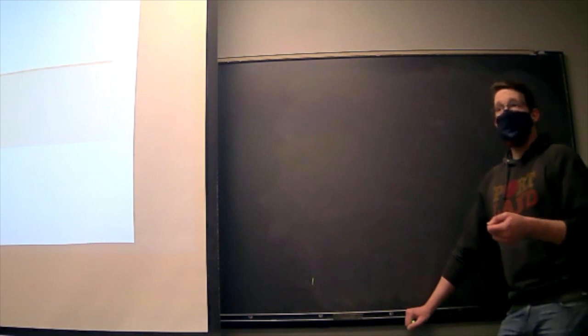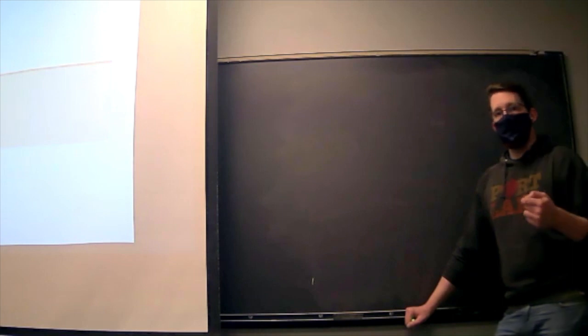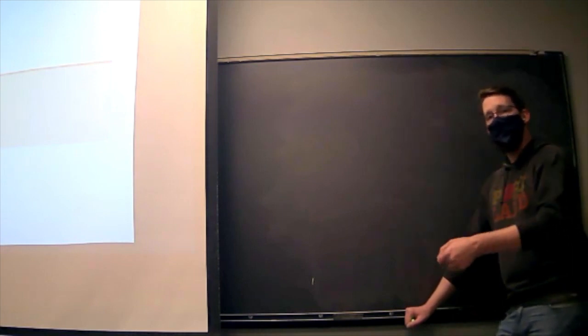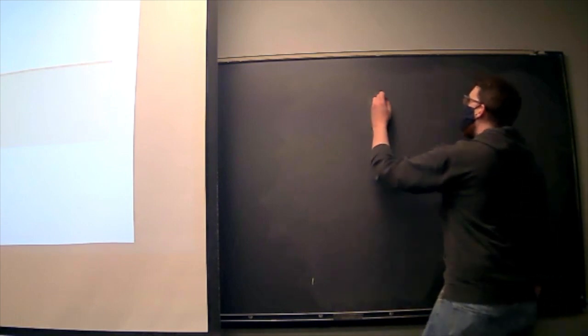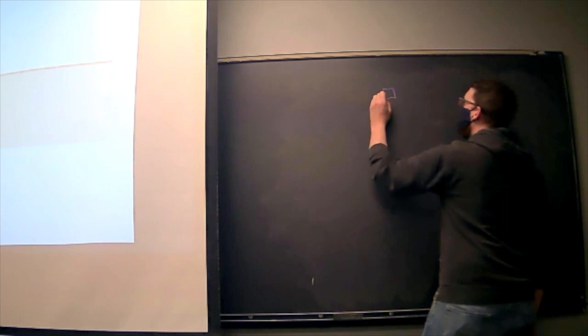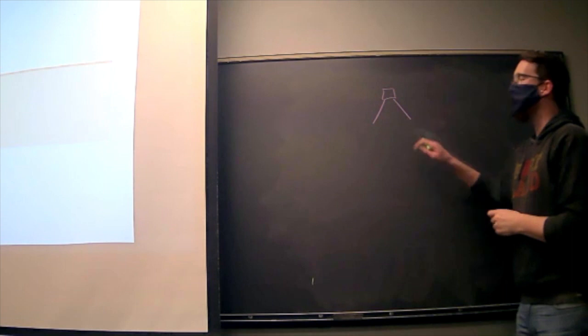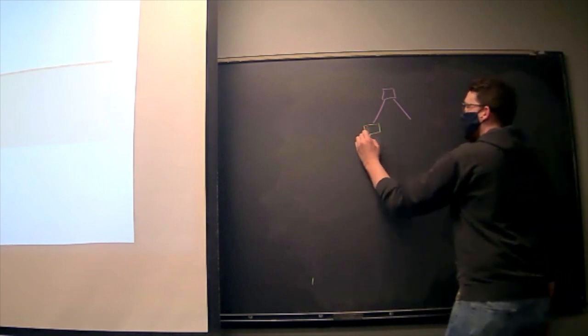The word exponential means that its next state is proportional to its current state. So it grows at a rate proportional to its current state. So for example, bunnies have babies in pairs, right? So one bunny leads to two bunnies. Two bunnies lead to four bunnies.